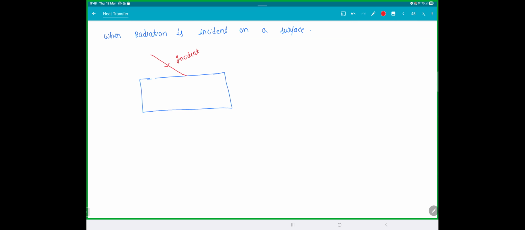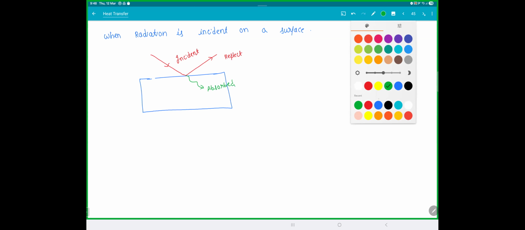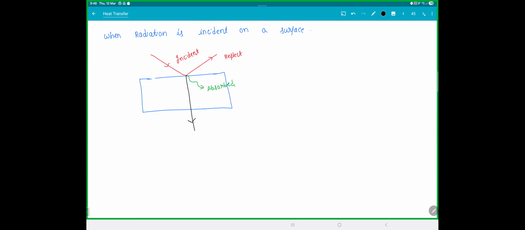One, it can reflect. Second, it can get absorbed. Third, it can get transmitted, which you also call refraction. That is all transmission only. So whenever you shine light on a surface, these three things can happen.